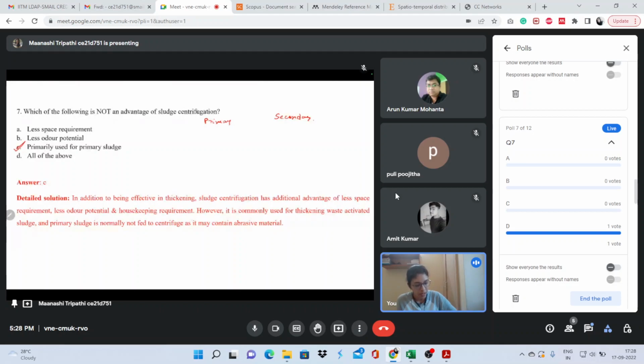The primary sludge mostly has organic matter, and secondary sludge has biomass, mostly. So let's talk about two thickening techniques. One is gravity separation, another is centrifugation.